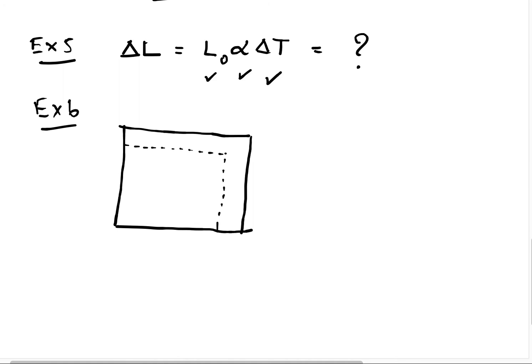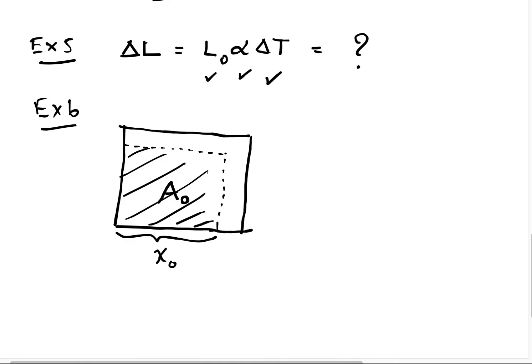Suppose this is the area at the start: we have the area A0, which is this side x0 times this side y0. And then after the heating, your length x0 will become x, and your height y0 will become y.